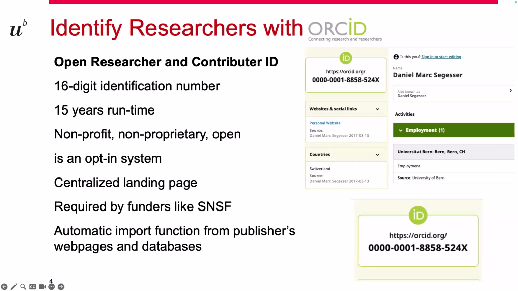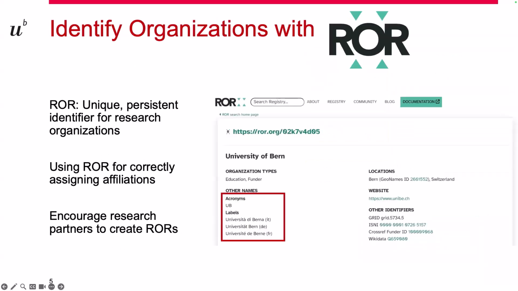Now, what about identifying the organizations researchers work at or collaborate with? That is where ROR, the Research Organization Registry, as its full name says, comes in. ROR gives each research organization a unique and persistent ID, a so-called ROR ID, so that institutions can be clearly identified even if their names change or even if they are written in different languages.